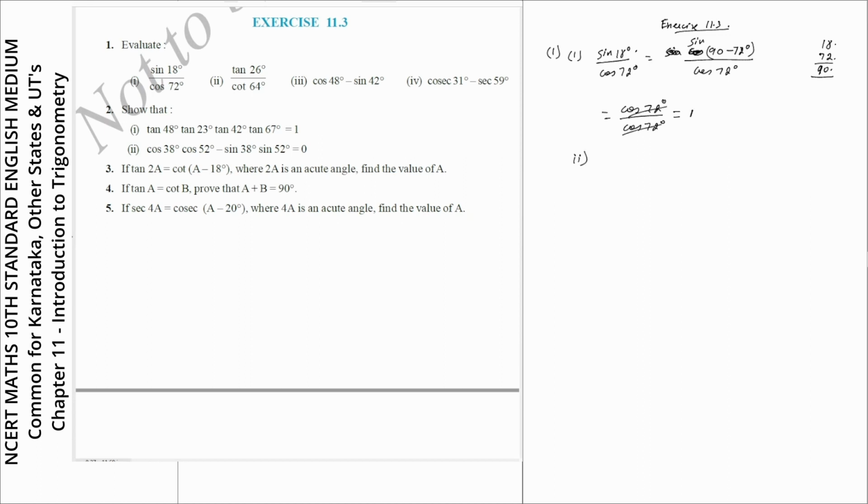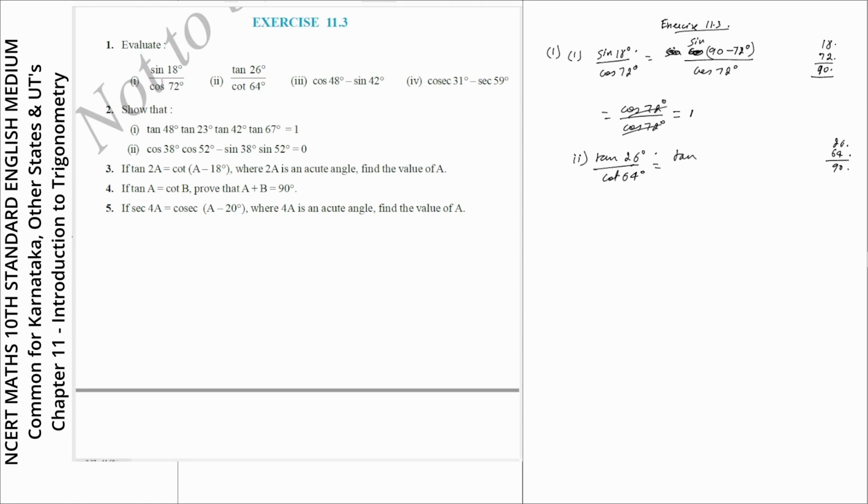Second sub question: tan of 26 degree by cot of 64 degree. Here 26 plus 64 I will get 90. They are complementary. So in the numerator I will make some changes.